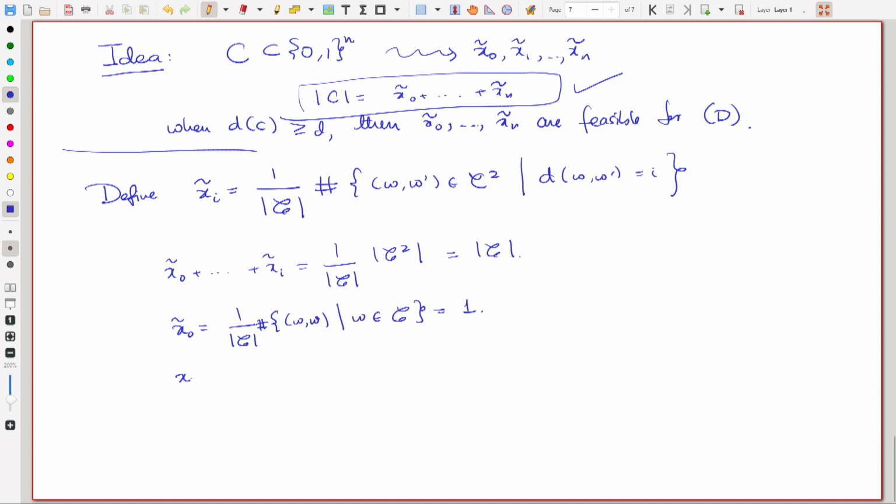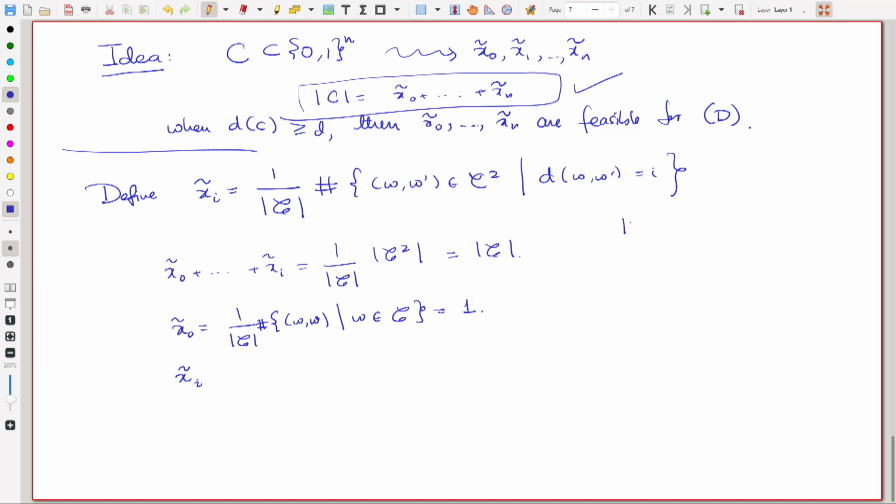and then what about x tilde i, where i is less than d? Well, this d of w, w prime has to be greater than or equal to d, because the code C has distance d.